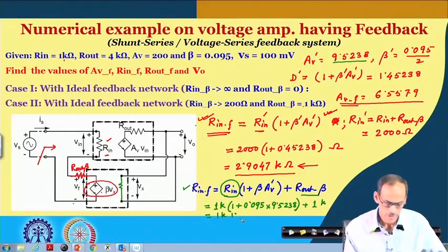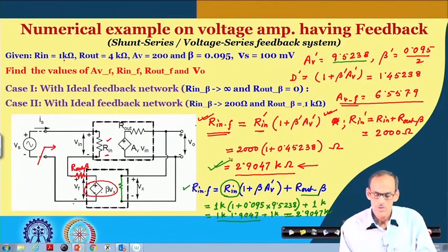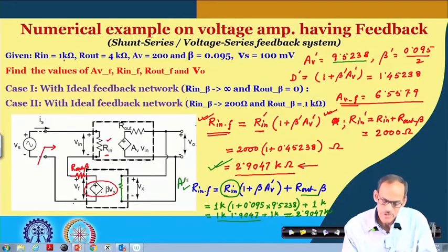This part is becoming 1.9047 k and this is 1 k. So, that gives us 2.9047 k. It is the same as what we have. So, we have this alternate approach.